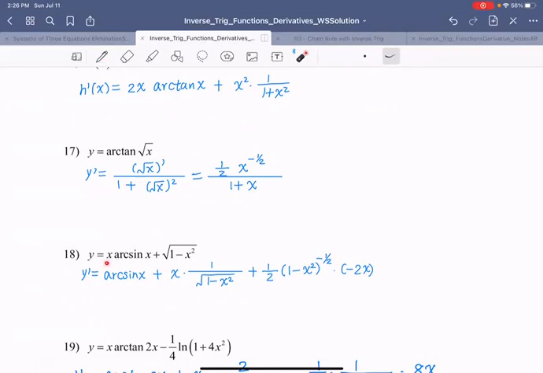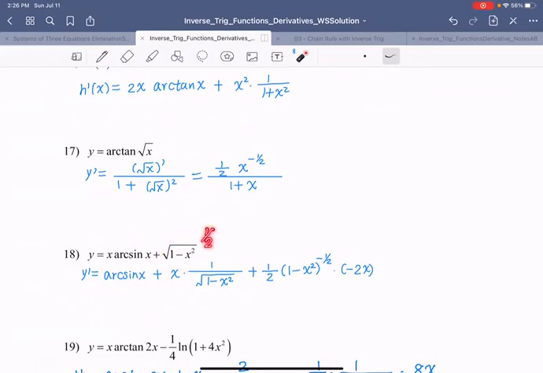You did pretty good. This guy's derivative is 1 times this guy copied down, plus this guy copied down times this guy's derivative. This guy's derivative is 1 over square root of this. And then we are going to do this guy. This guy is using the power rule.